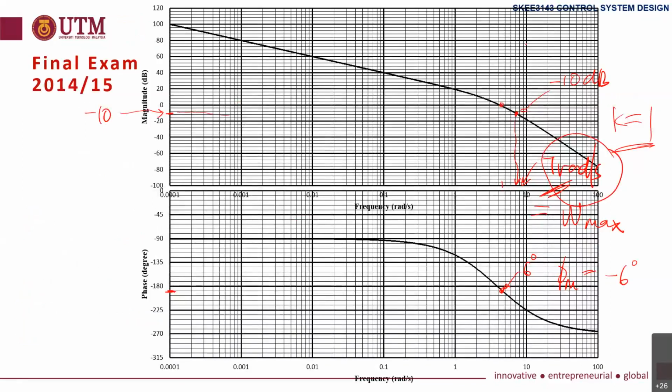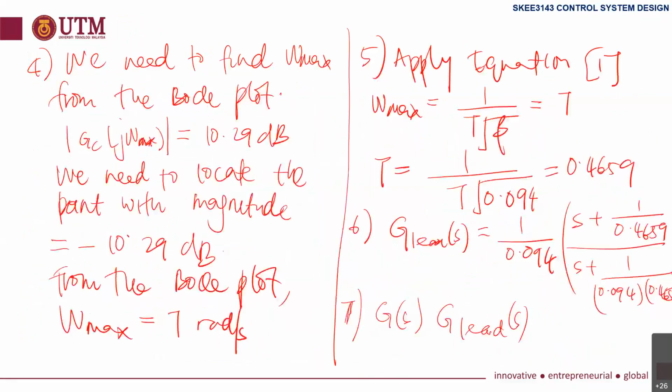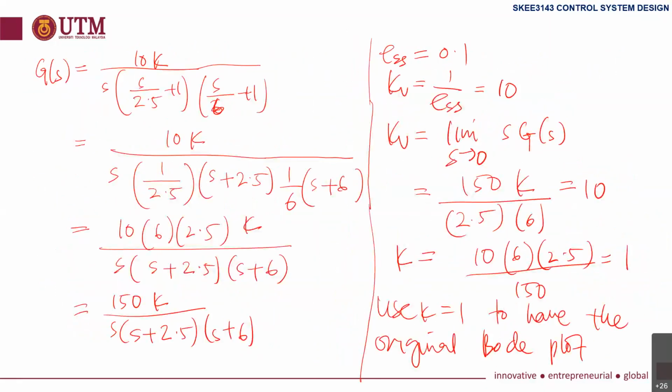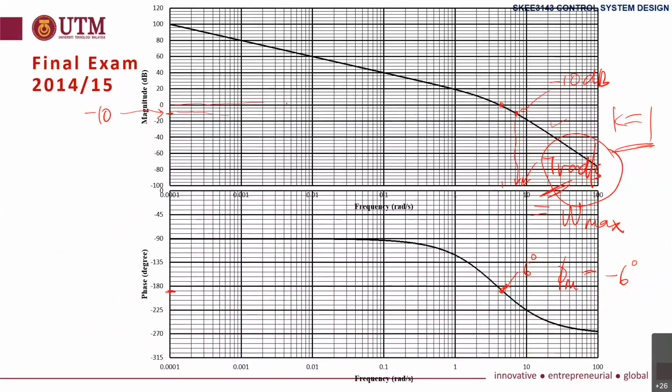We have the original system. What you can do, if required, you can plot this G lead. It is not difficult to plot. G lead will be something like this. Then you can just add at this point, just sketch. Here, no change. Then it will be slightly different after we add the lead compensator.